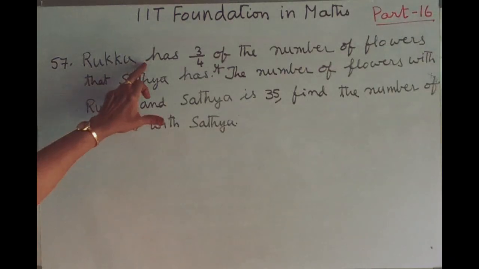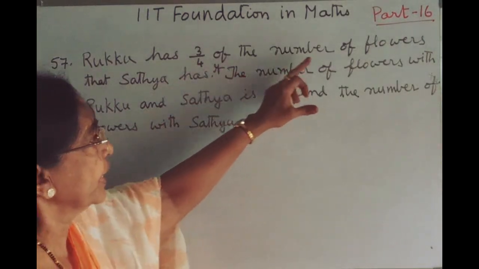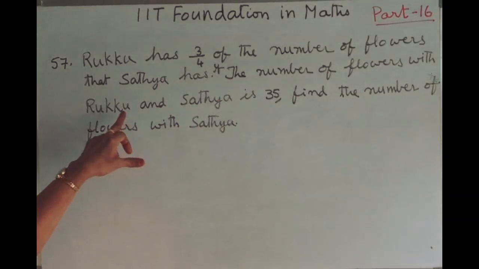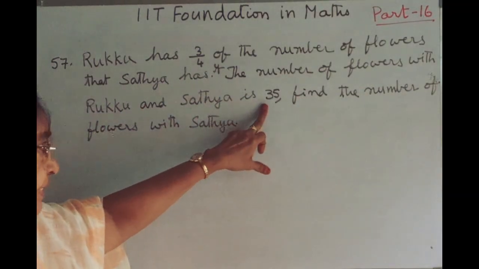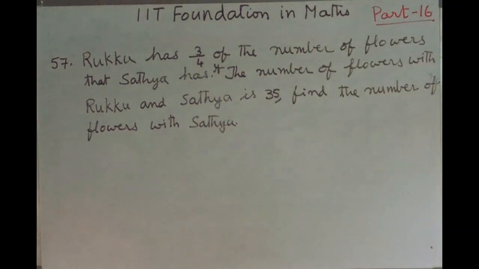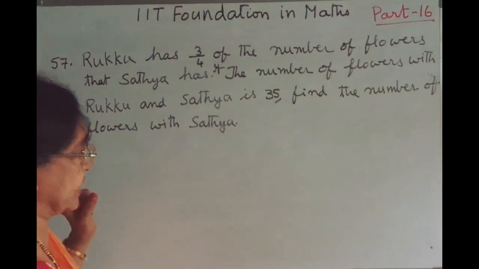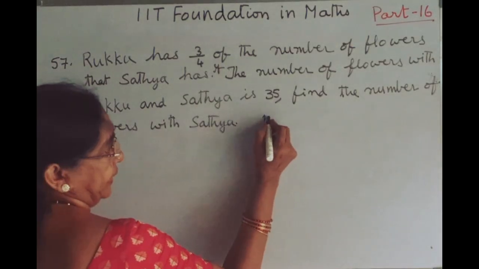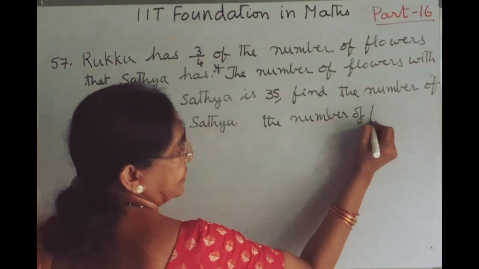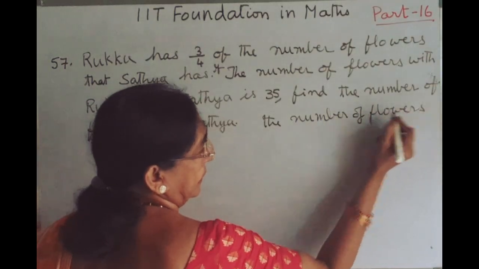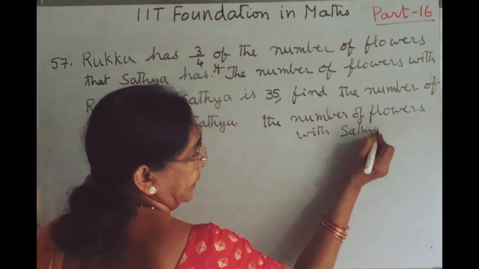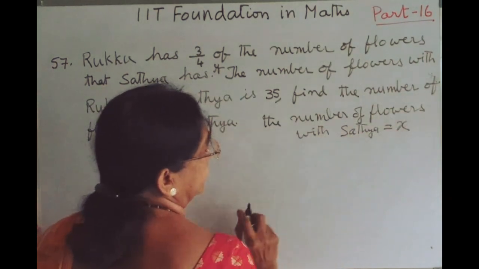57th problem. Rukku has 3/4 of the number of flowers that Satya has. If the number of flowers with Rukku and Satya is 35, find the number of flowers with Satya. So let the number of flowers with Satya be equal to x.